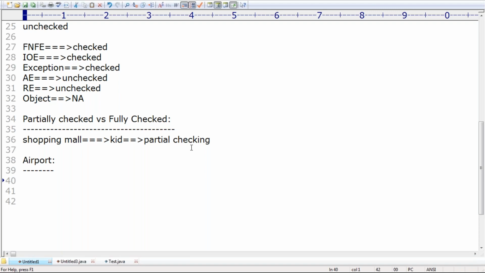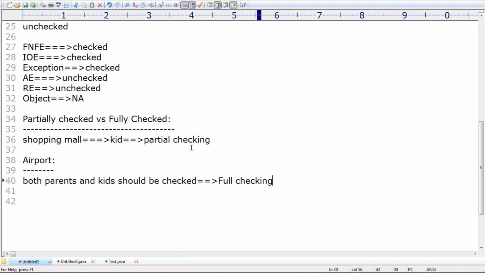So here both the parents and the kids should be checked. Such type of thing is nothing but full checking. Are you getting that? Such type of checking is nothing but full checking, right?